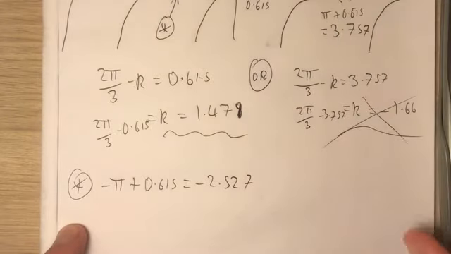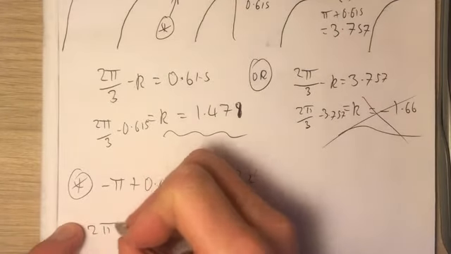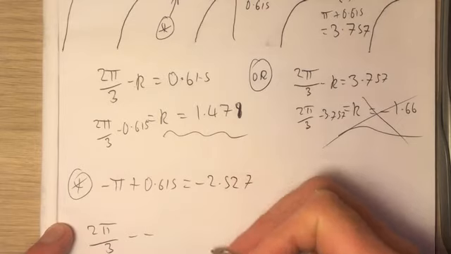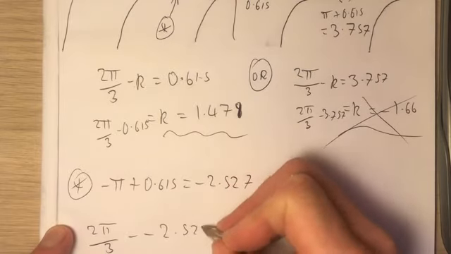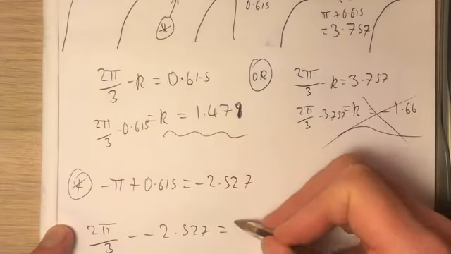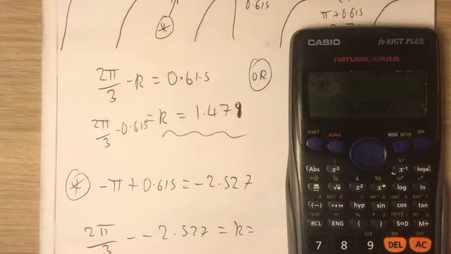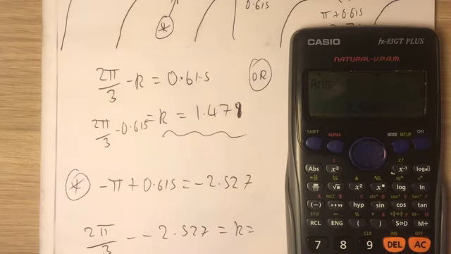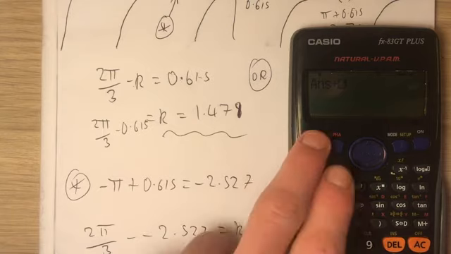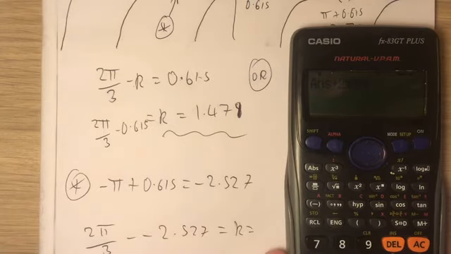And then I'm going to have 2 pi over 3 minus 2.527, which is going to equal k. Let's do that times minus 1 to get positive, and then add that on to 2 times pi divided by 3.